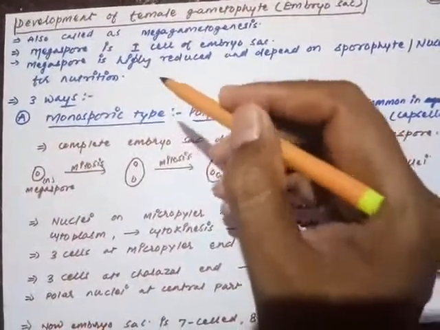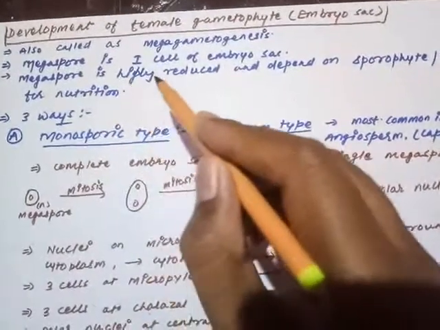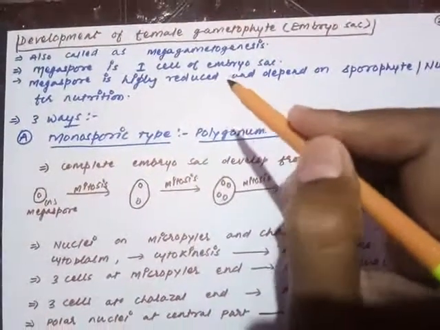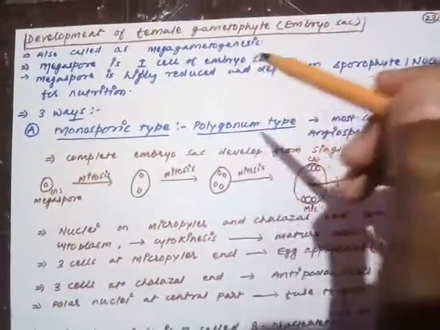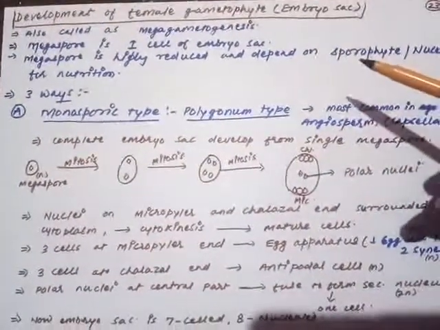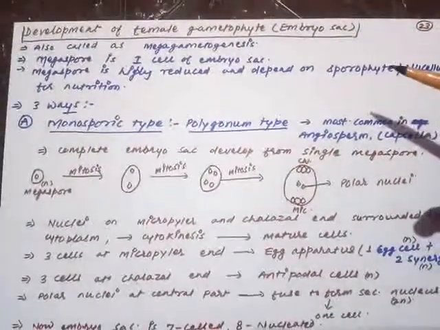And one more important thing I am making clear: the megaspore is highly reduced. Highly reduced means it is not able to develop its own nutritional resources, and for its own nutrition it has to depend on the sporophyte. Sporophyte means nucellus.